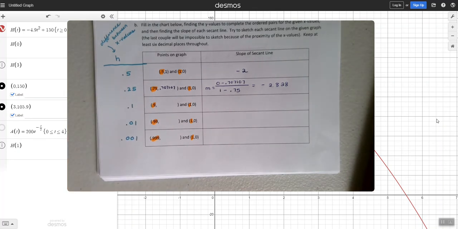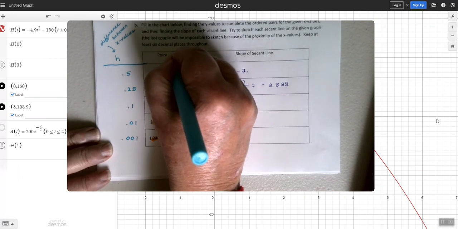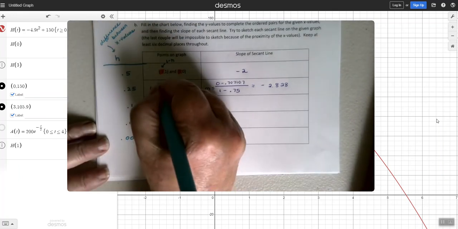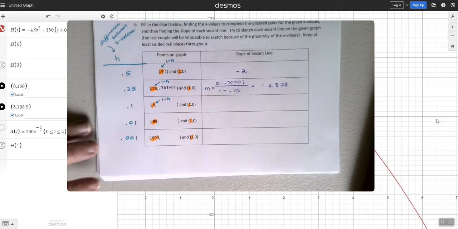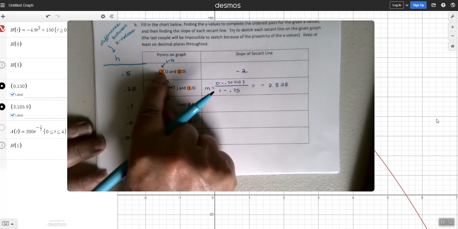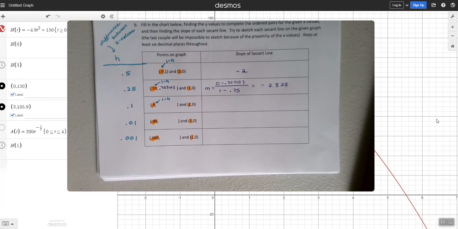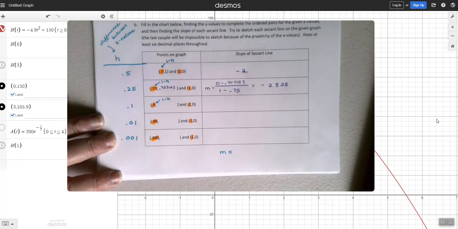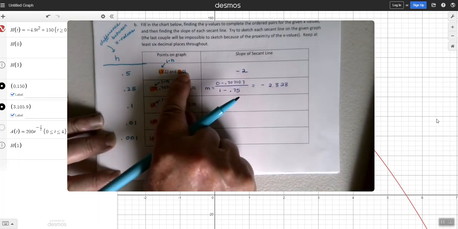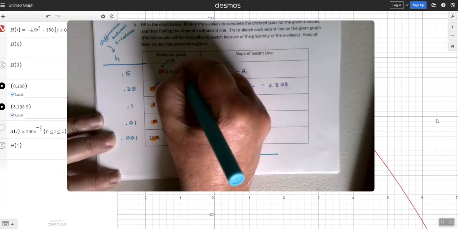I can then think of each of these as 1 minus h. So 1 minus 0.5 is 0.5. 1 minus 0.25 is 0.75, and so on. And so my slope ends up being y2 minus y1. Actually, let's do it this way.